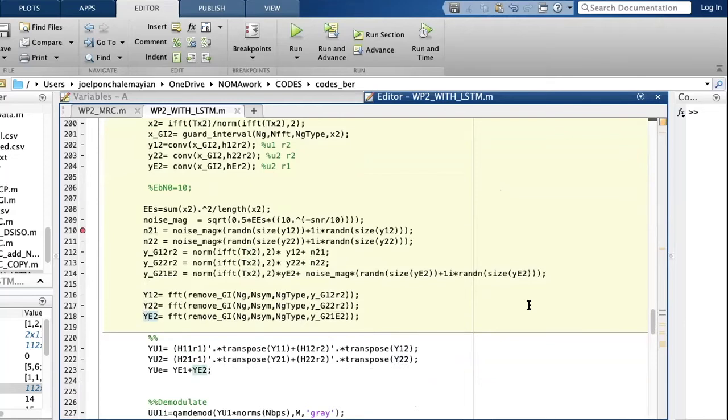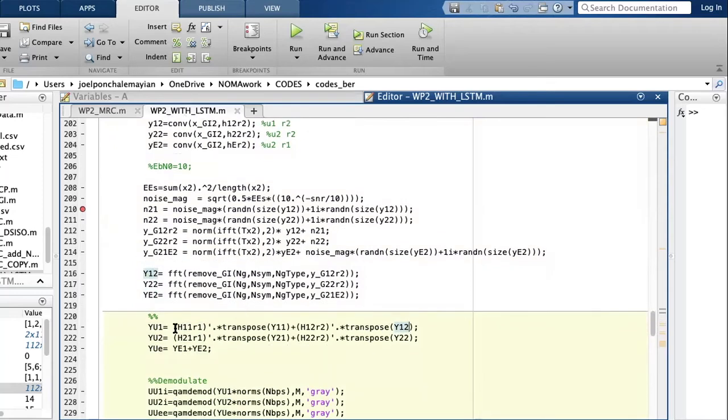Because we are transmitting our signal during different times, our total signal at user 1 is received by this process here: multiplying H11R1, and simply summing the received signal during the first transmission round and the received signal during the second transmission round.